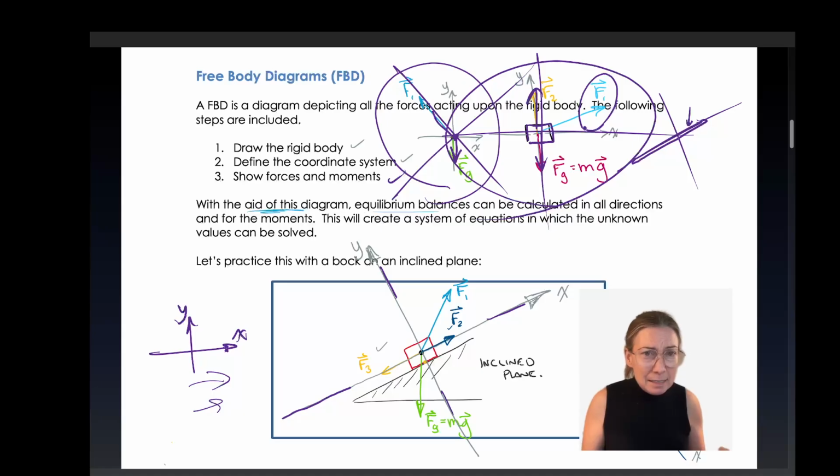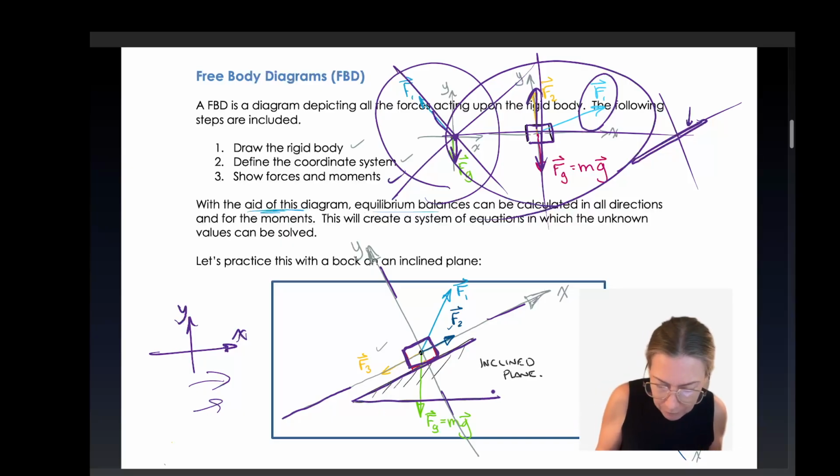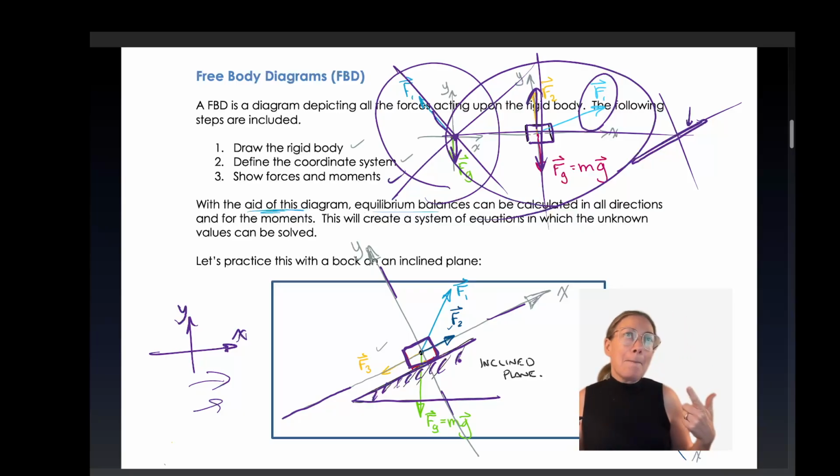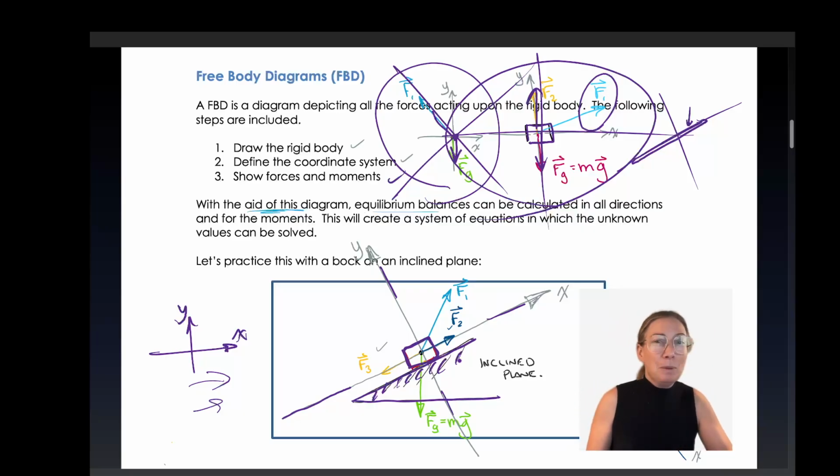All right. Let's practice this with an inclined plane. So here's an inclined plane. My point mass, or my solid body, is this rectangle, and the inclined plane is this solid ground here, basically. So my point mass, or my rigid body, has a mass m in kilograms.